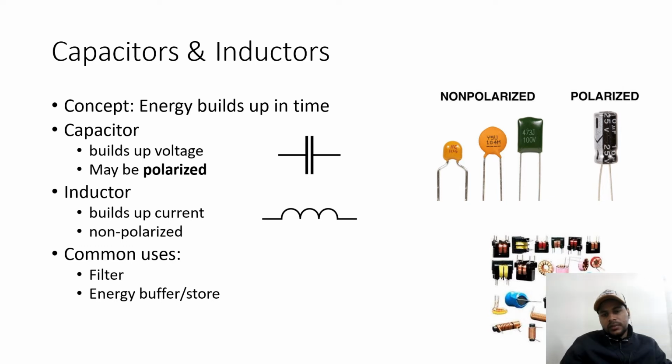Here the current is built. Capacitor builds up voltage, but the inductor builds up current. So this is the main difference between a capacitor and an inductor. They are most commonly used in filters, energy buffer stores, etc.